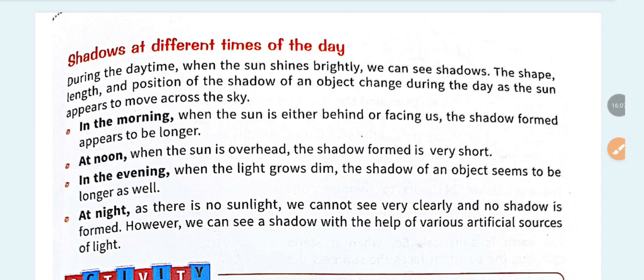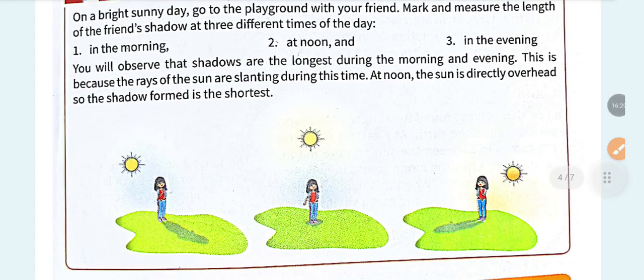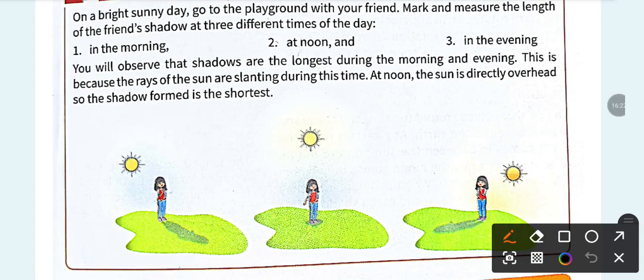In the morning, when the sun is behind our body, the shadow is longer. As you can see, this girl is in the morning image over here. The sun is behind the girl, so the shadow is longer.